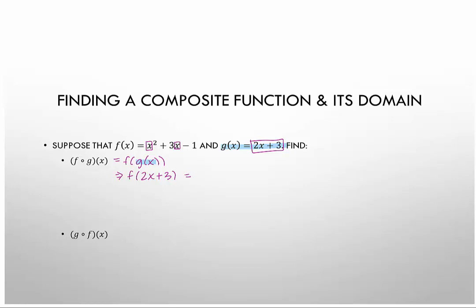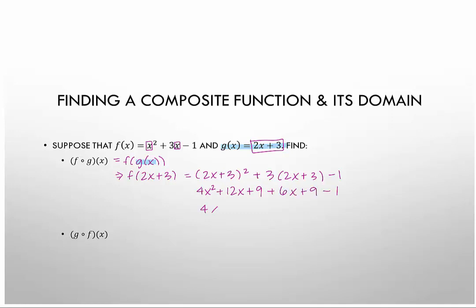So what I'm seeing is 2x plus 3 squared plus 3 times 2x plus 3 minus 1. Now if I combine like terms and multiply out, I get 4x squared plus 12x plus 9 plus 6x plus 9 minus 1.